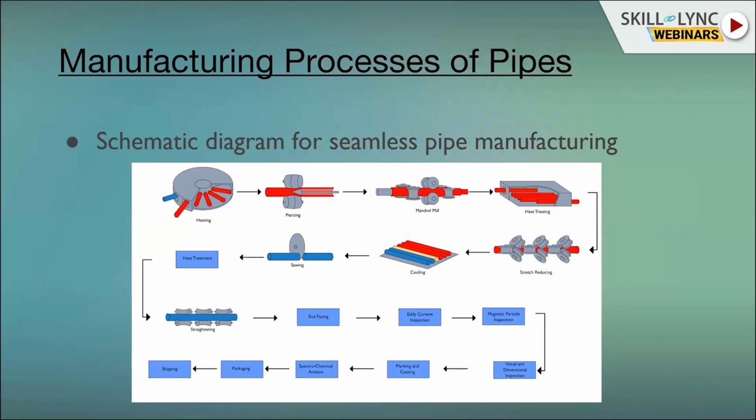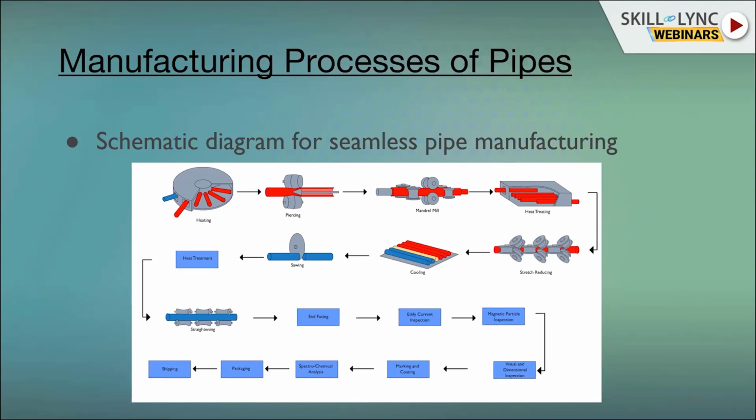After that, the pipe is manufactured in the mandrel mill, and then it goes into heat treatment. If you heat a particular pipe to a particular temperature, its chemical as well as mechanical properties will change.